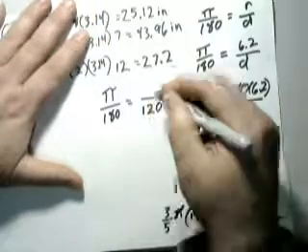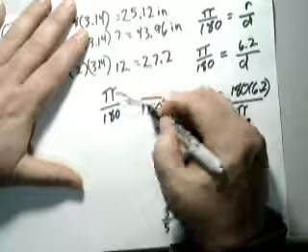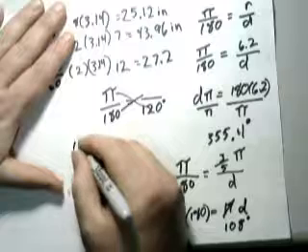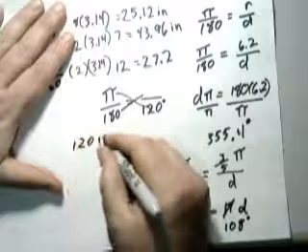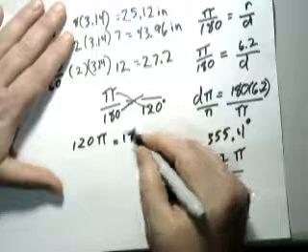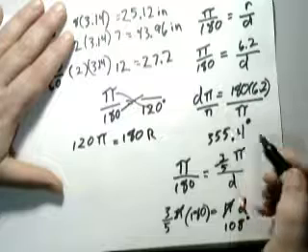Watch that be the amount on the test. I don't remember what the test question was. Anyway, we cross multiply here, and we have 120 times pi is equal to 180 times the radian measurement.